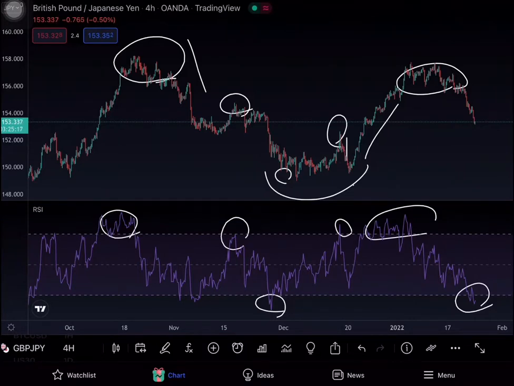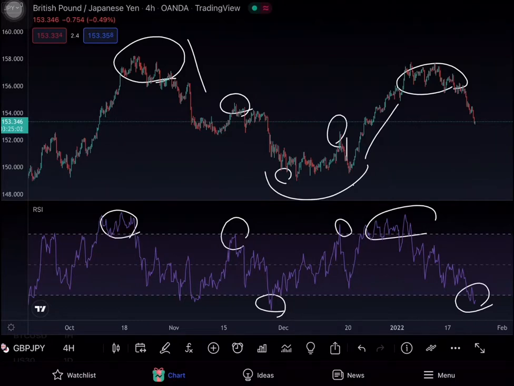So this is how we use the RSI. When the price breaks these lines, we can say that price is in the oversold or overbought area.